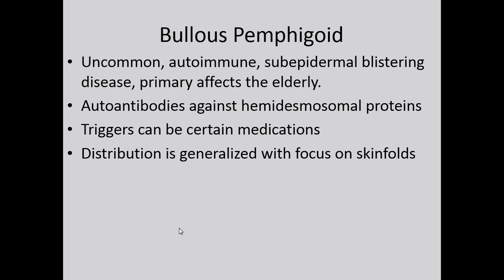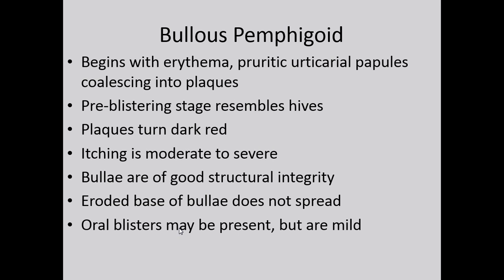This can be triggered or caused by certain reactions to medications. It usually is on the skin folds, although the pictures that I'm going to show you are not really on the skin folds. What else can I tell you here? They can be pruritic, like hives or urticaria, and form papules like dermatitis herpetiformis.